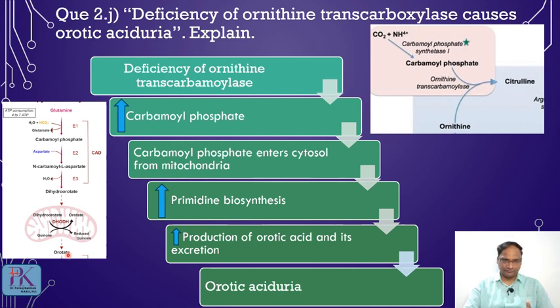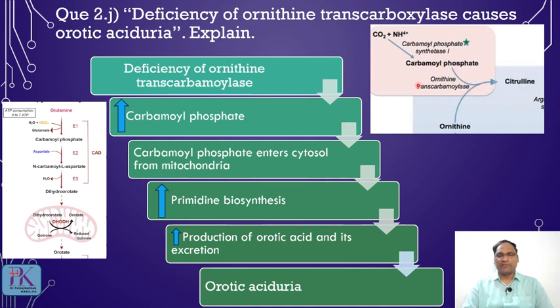So why does deficiency of ornithine transcarbamylase, not carboxylase, cause orotic aciduria? Ornithine transcarbamylase is an enzyme that transfers the carbamyl group from carbamyl phosphate to ornithine to form citrulline during the urea cycle.